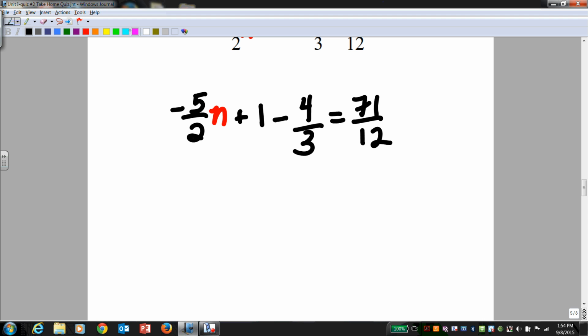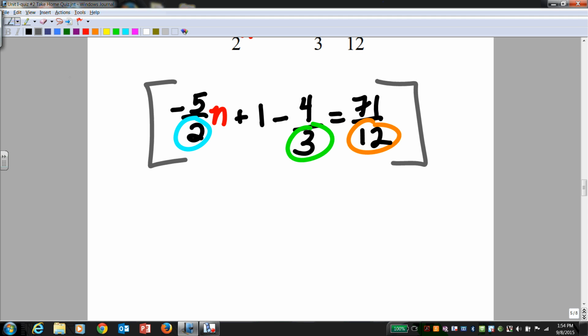Now, take a look at your denominators. And your goal is to find the lowest common denominator, which in this case, you have 2, 3, and a 12. Everything goes into 12, so that's what we're going to use as our denominator. Arrow in, arrow out.